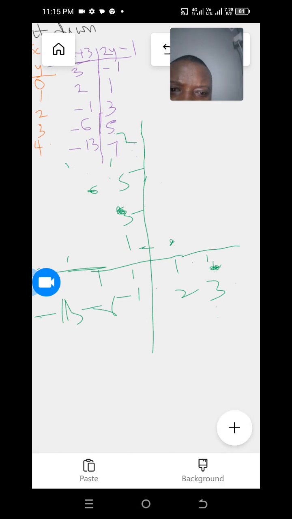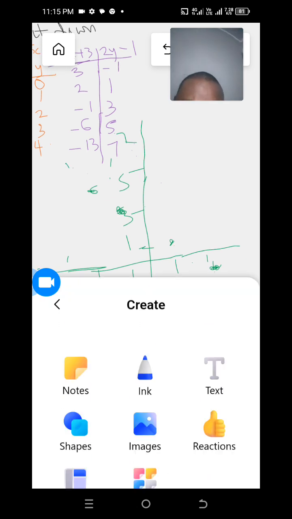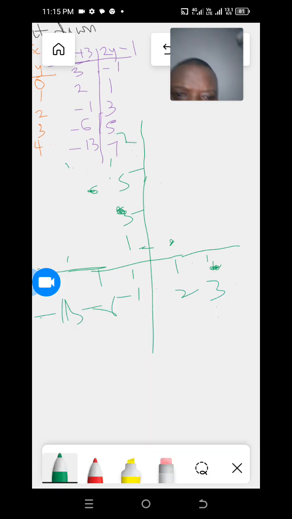So just a rough sketch. This curve will be like this. So that is the graph. That's the sketch of that curve. Sorry, my hand is not straight. So it's a curve. So that's it.